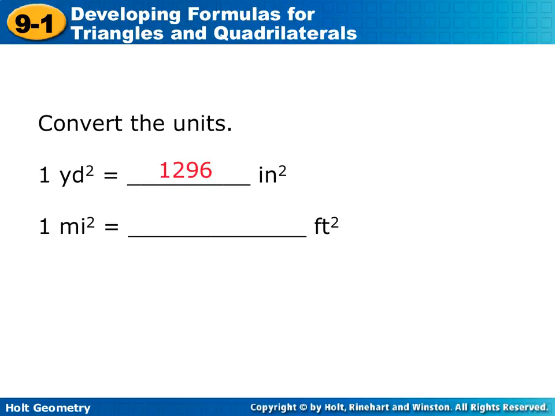If we have a square mile, so a section out in the country, how many square feet would that be? How many feet in one just straight mile? Good, 5,280. Times another 5,280 to go the other way. 27,878,400. That's why I put such a big one.